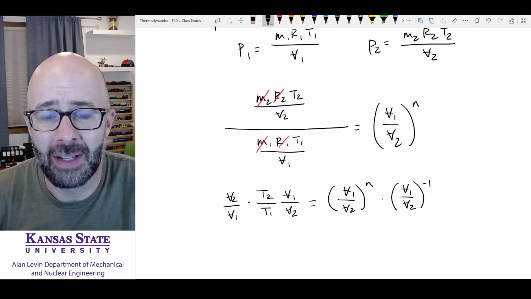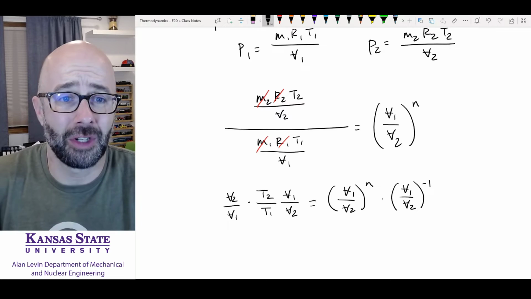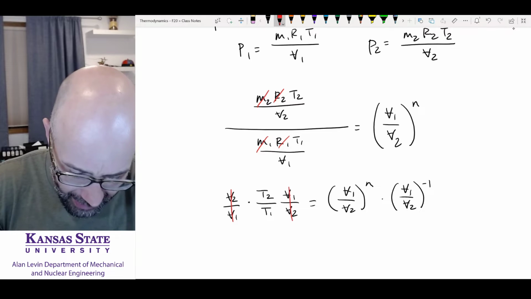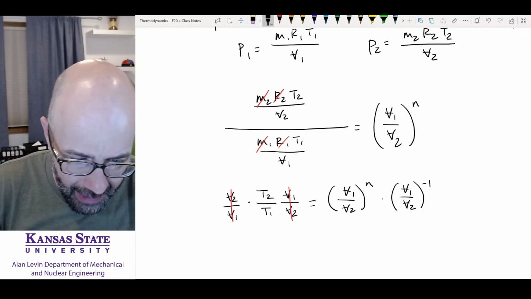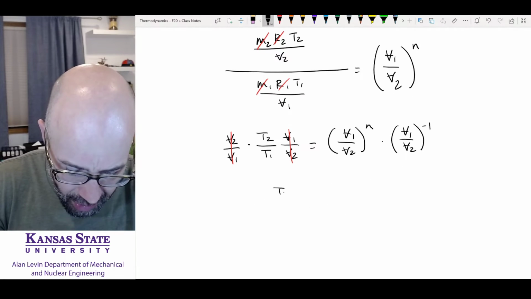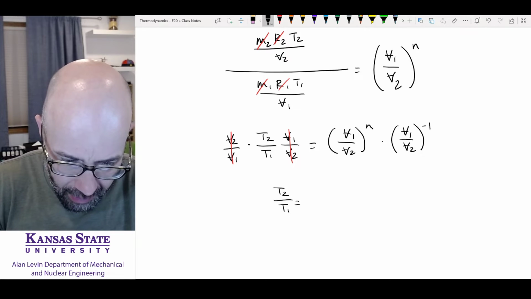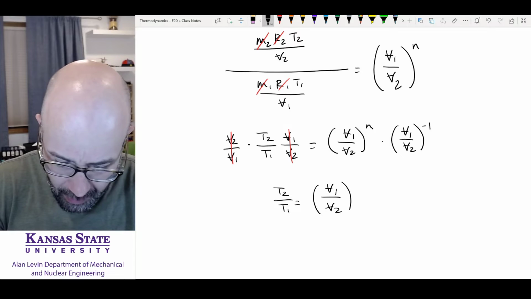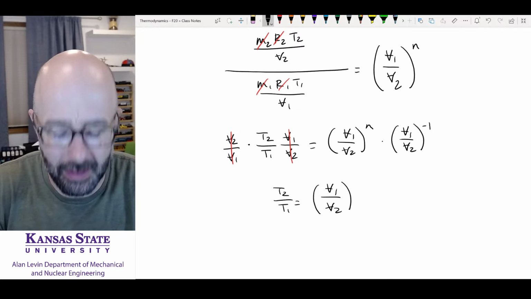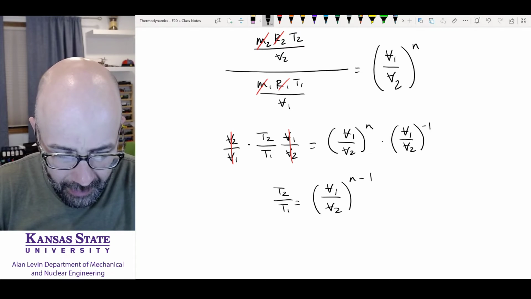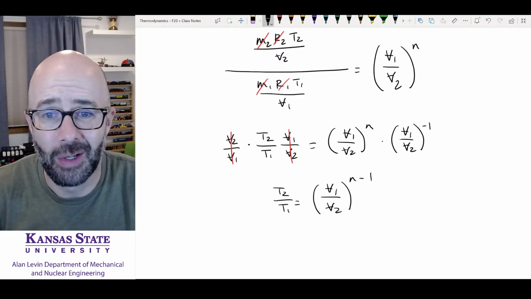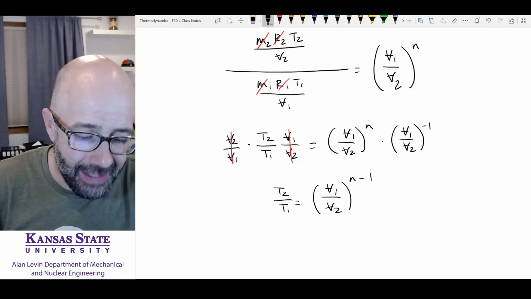V2 over V1 is the same thing as V1 over V2 inverse, so these two things cancel out. I end up here with T2 over T1 is equal to V1 over V2 to the n minus 1. And we know this works for polytropic processes.